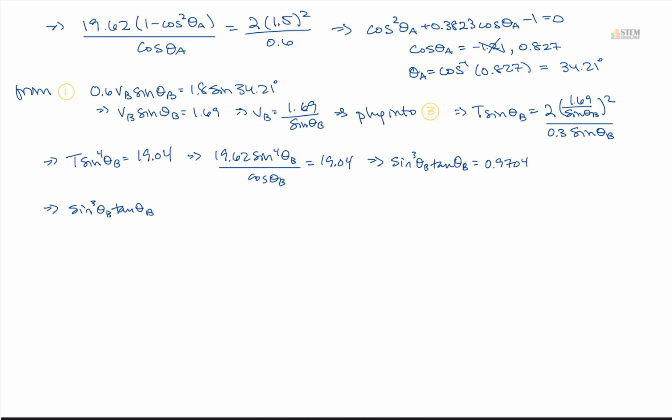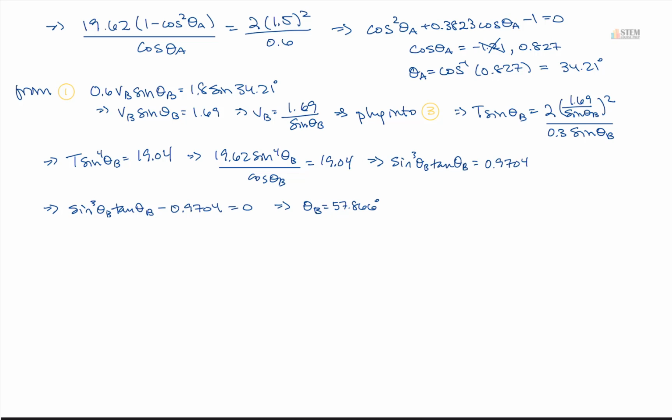The Hibbeler book likes to call it trial and error, so basically they assume you're going to plug in numbers repeatedly to get the right value. But you could put this in MATLAB or your calculator and solve for theta. The value we come up with is that theta B is 57.866. All right.